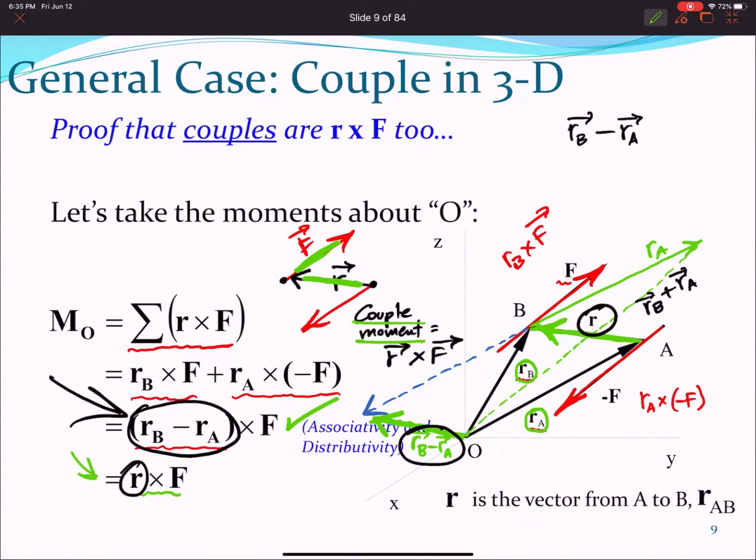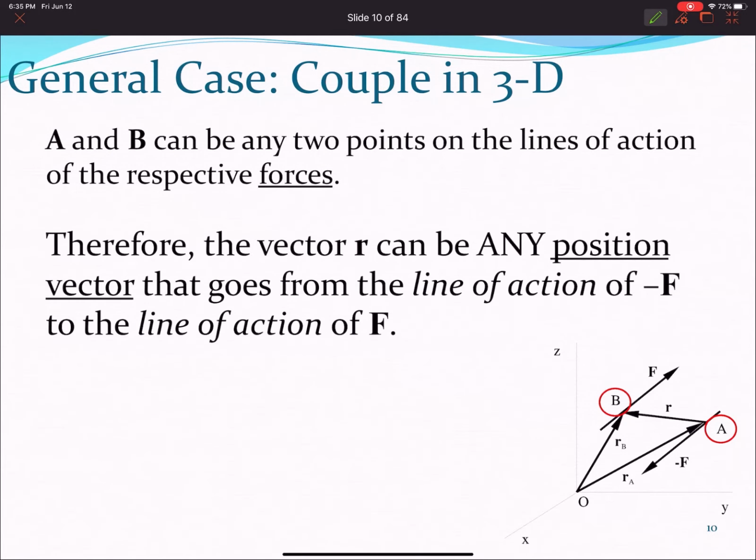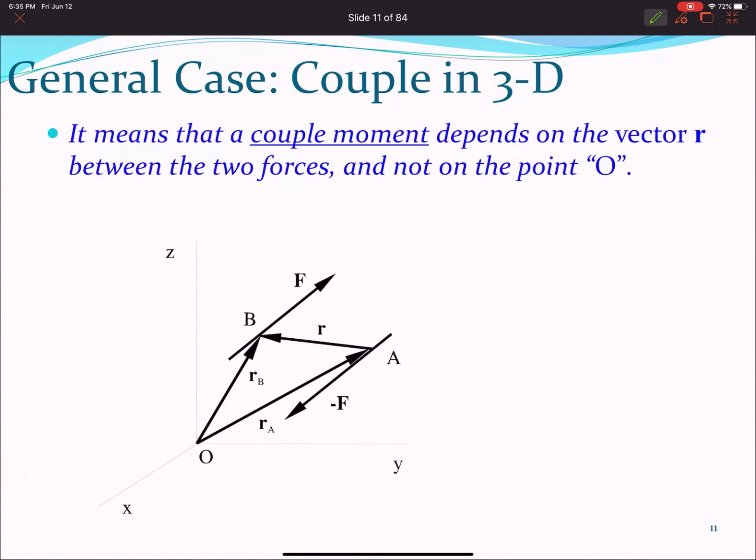So that's something really magical that we can do with couples in space. Just a shortcut, something really direct, and we use the advantages of the cross product. This is further proof that we don't really have to go through the origin.